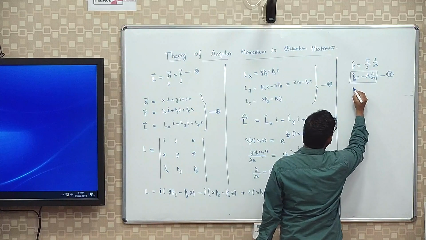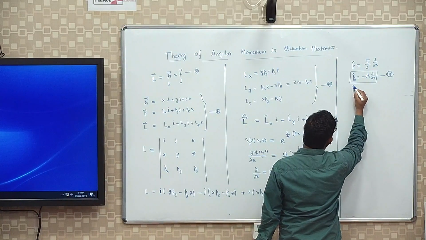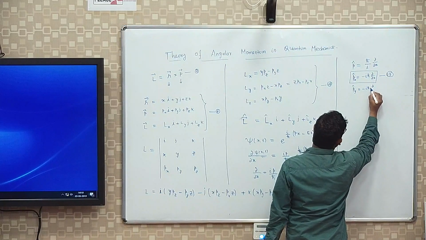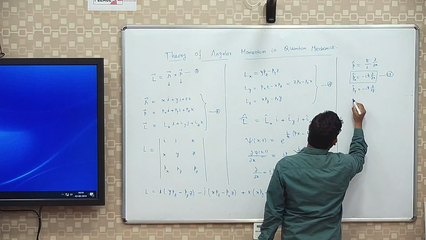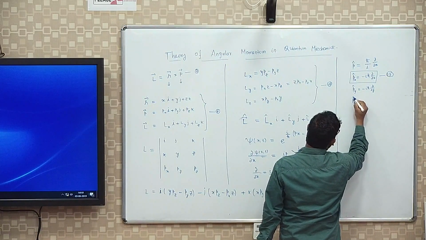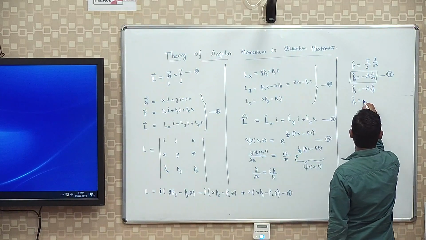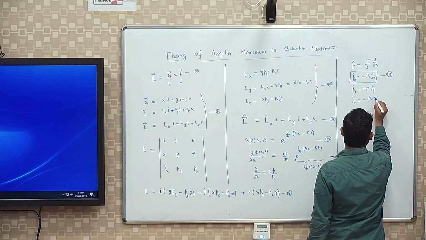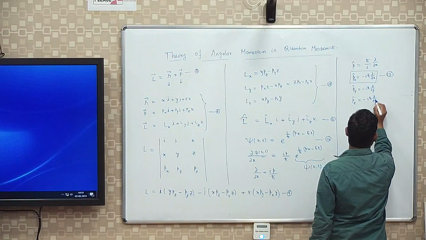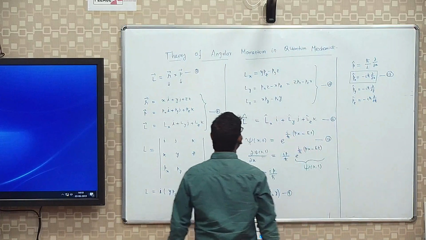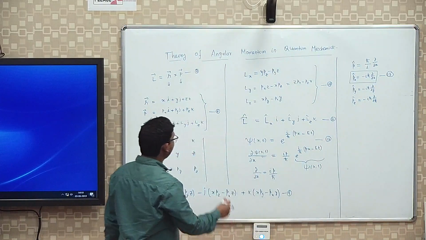So similarly, we can also write the py operator as minus i h cross dou divided by dou y, and the linear momentum operator in the z direction can also be written similarly.